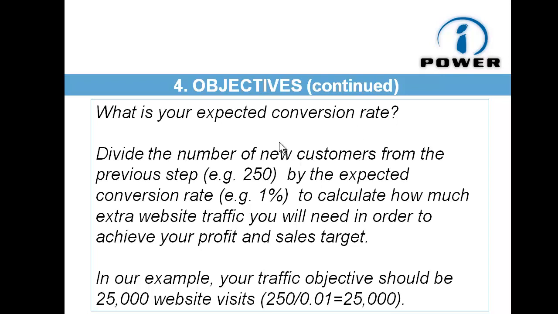So if we suppose that this conversion rate is 1%, then by dividing the number of new customers, which is 250, by 1%, we can calculate how much extra website traffic we will need in order to achieve our targets. In our example, we need 25,000 website visits, as you can see here. To get 250 new customers, we will need overall 25,000 new visits on our website per period.